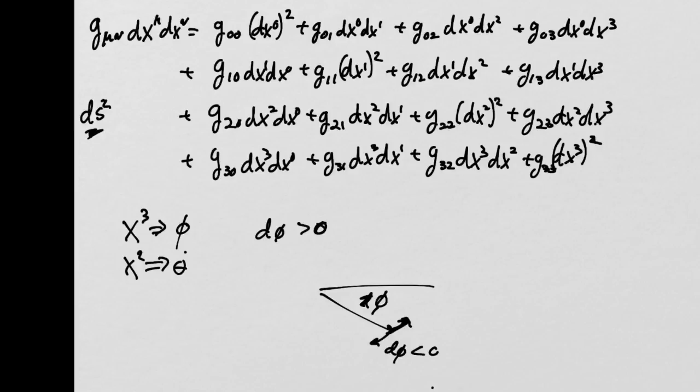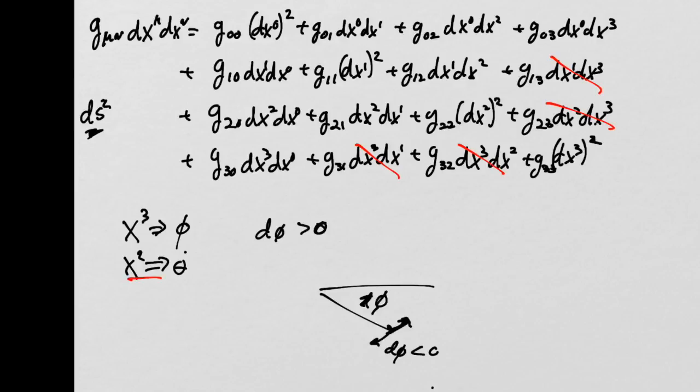And so we immediately eliminate the spatial terms that would change sign with a change of sign of dx3. Notice this one does not change: dx3 squared does not change, so we leave that one alone. But dx1 dx3, dx2 dx3, those go away.